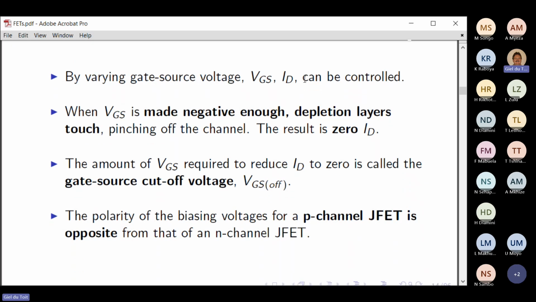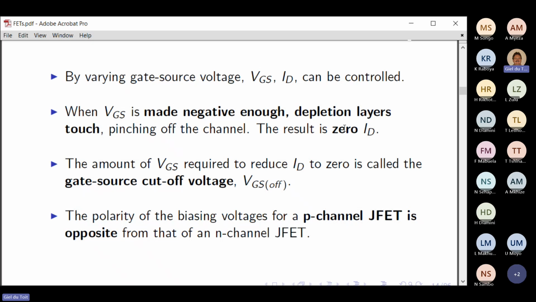By varying the gate source voltage, the drain current can be controlled. So we're varying the voltage on the gate source, and therefore we're controlling the current on the output. When gate source is made negative, it pinches off the channel, and the result is zero drain current with a very negative voltage, say minus 10 volt.